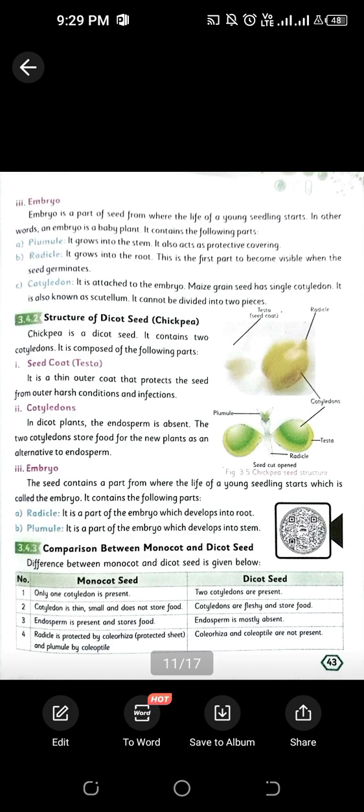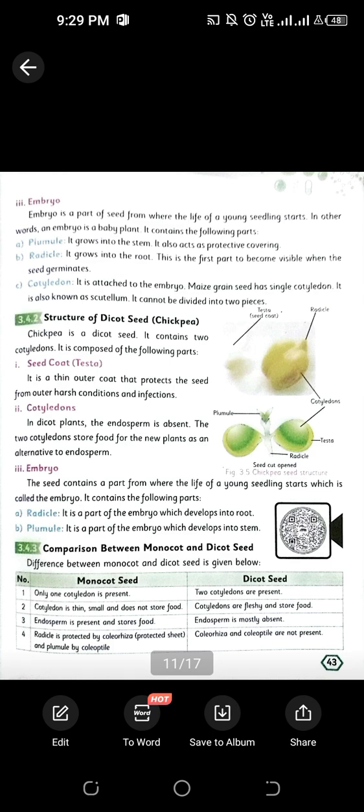Now we have the embryo. The embryo is a baby plant inside a seed, and the embryo of a dicot seed involves a radicle and plumule. Then there is a basic difference between monocot seed and dicot seed. A monocot seed involves one cotyledon, dicot seeds involve two cotyledons. Monocot seeds are small and very thin and do not store food.